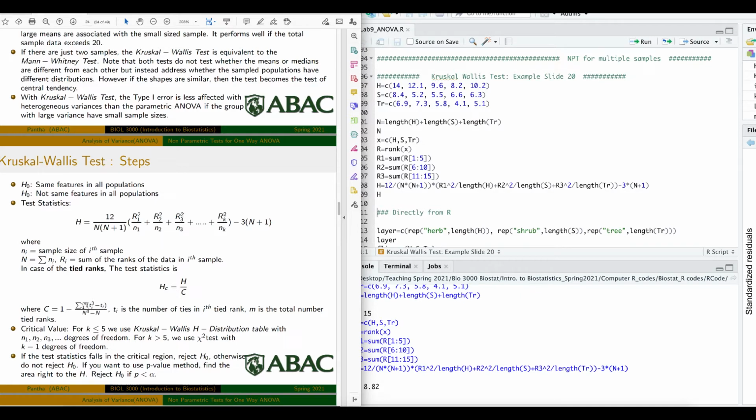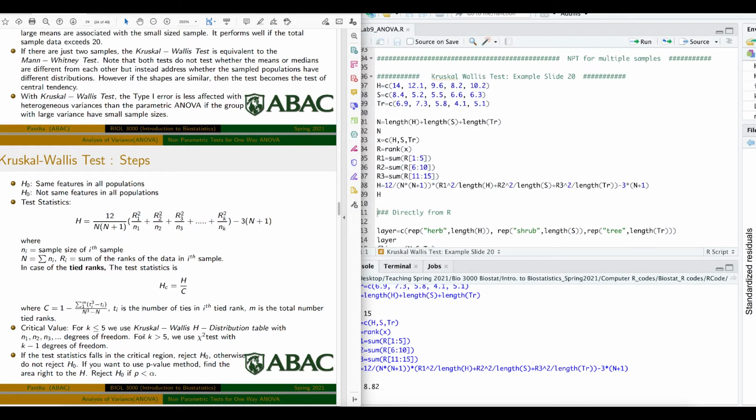So if there are many repeated numbers, it will be 2 cubed minus 2 plus 3 cubed minus 3 plus 4 cubed minus 4, and so on, if one number is repeated 2 times, another 3 times, another 4 times. M is the total number of tied ranks, that is, how many numbers are repeated.